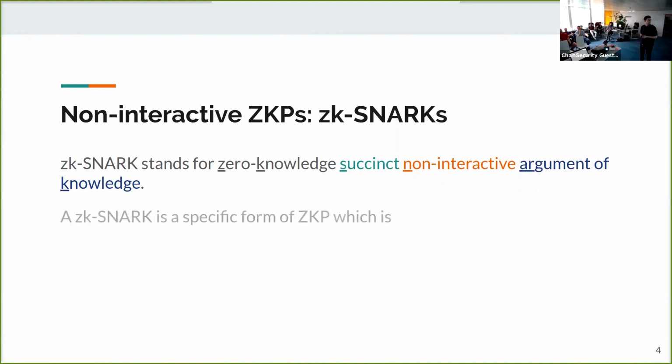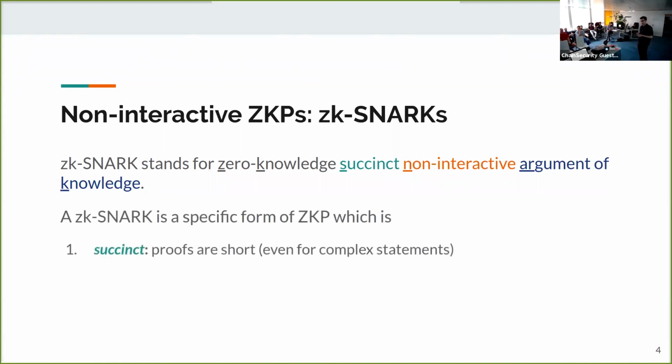Let's look at these properties in a bit more detail. First of all, a ZK-SNARK is a zero-knowledge proof that is succinct, which means that no matter how complex the statement you want to prove is, for instance huge graphs for which you want to prove the isomorphism, or a very large, complex program for which you want to prove input-output behavior, you would end up having a proof that is very short. Think of maybe a couple of 100 bytes.